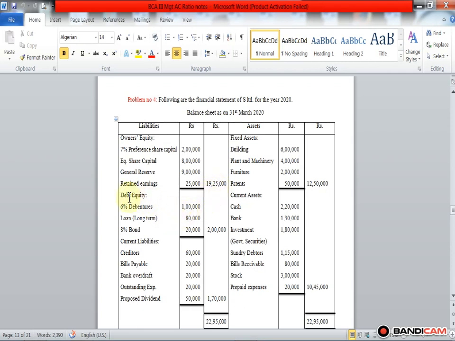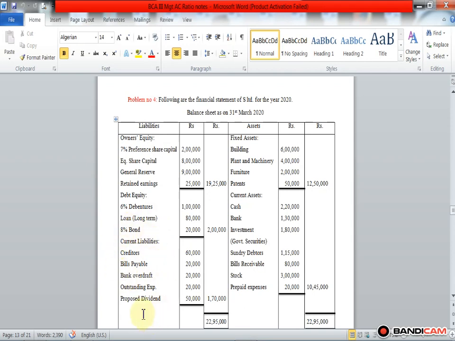Debt: 6% debentures rupees 1 lakh, long term loan 80,000, 8% bond 20,000. Total debt is rupees 2 lakh.